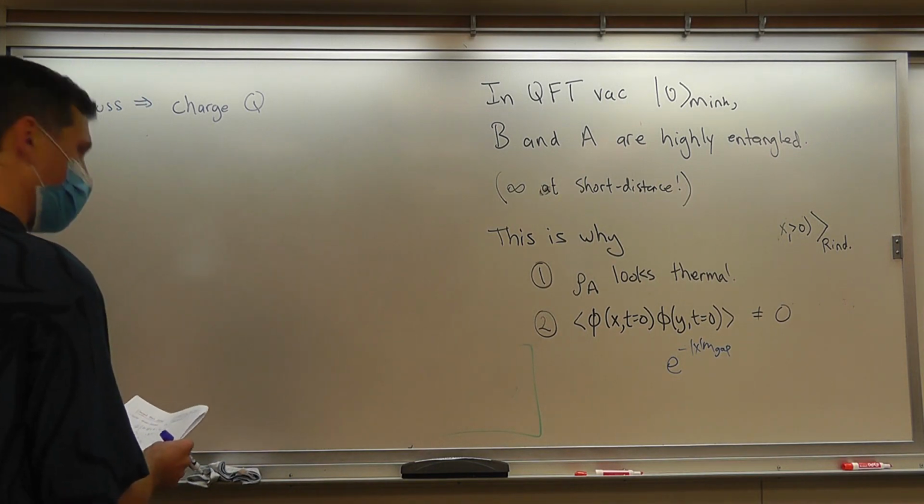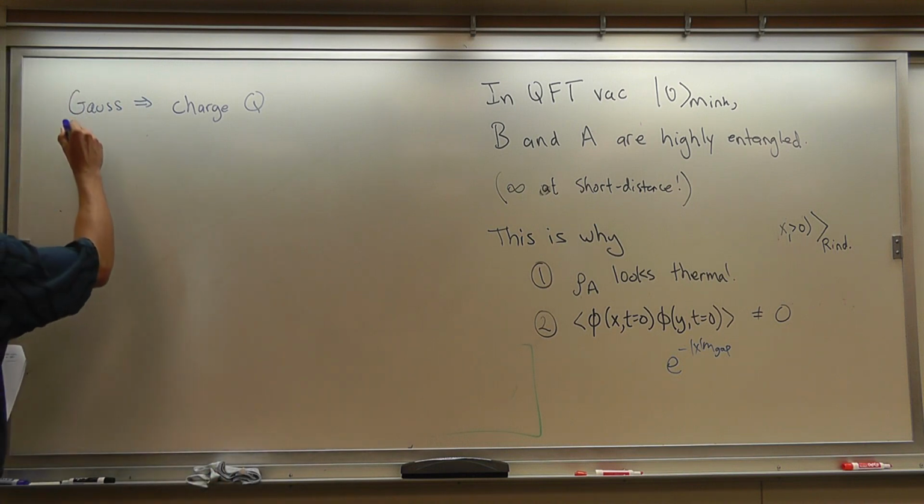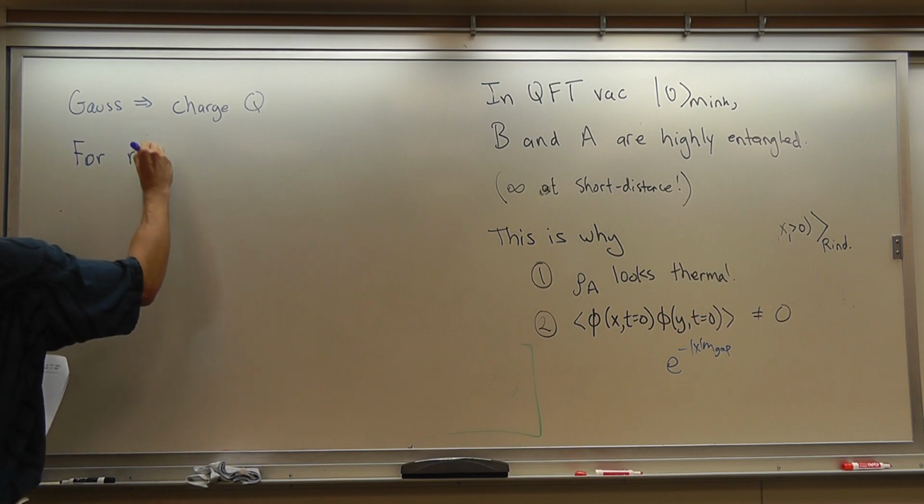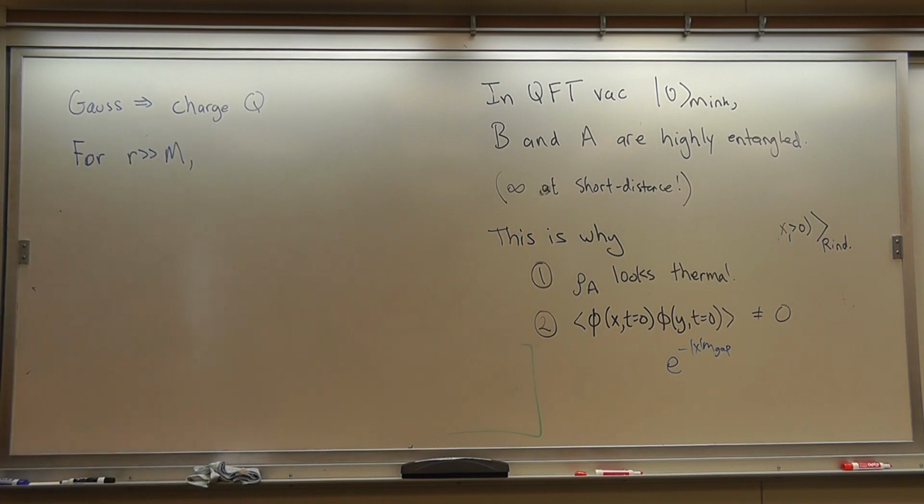We don't have to actually do the calculation because we can use the following trick. We just go to large distances, very far away from the black hole, and then we compare to Schwarzschild.